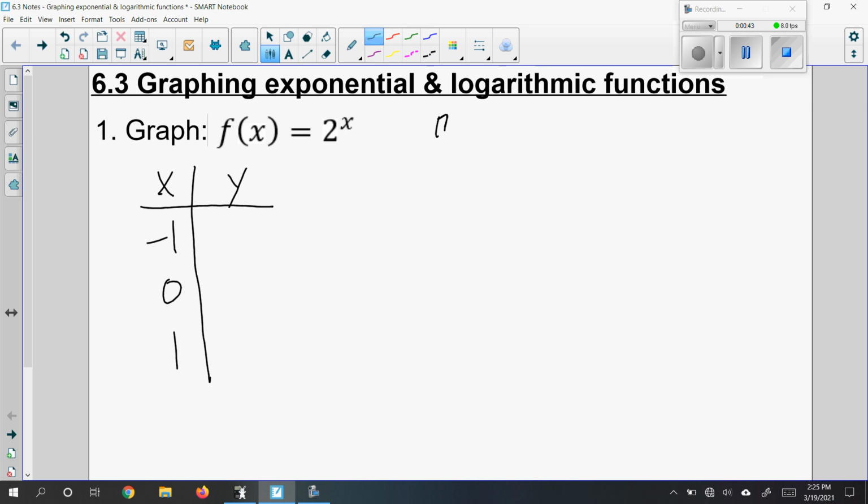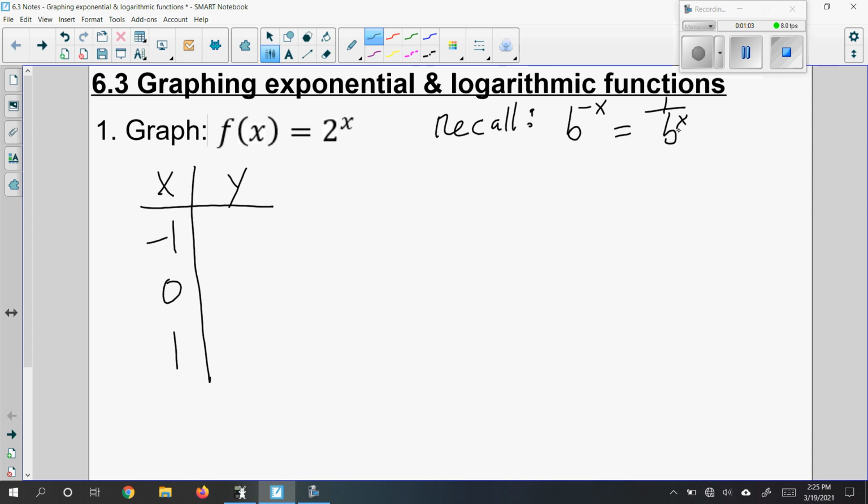Recall that any number b to the power negative x is equal to 1 over b to the power x. Negative exponents take the reciprocal of a function.